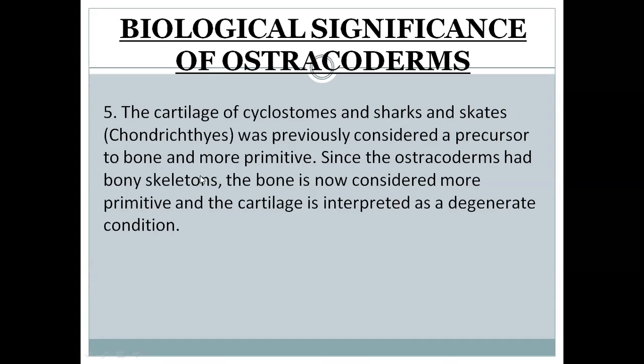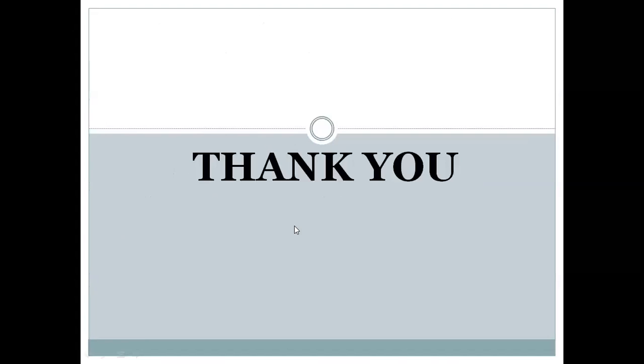Since the ostracoderms have a bony skeleton, bone is now considered a more primitive structure than cartilage, and cartilage is interpreted as a degenerate condition. So this is the significance of the ostracoderms. With this, we have finished this topic, and in the next class we will discuss another topic.